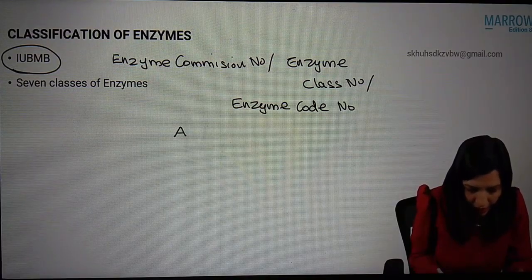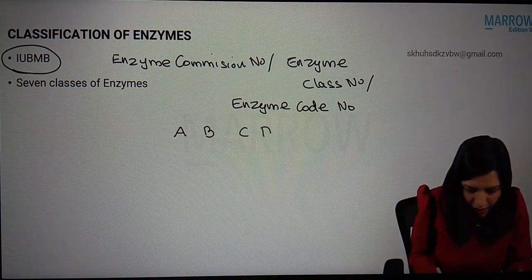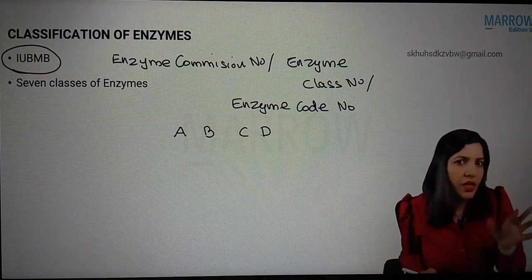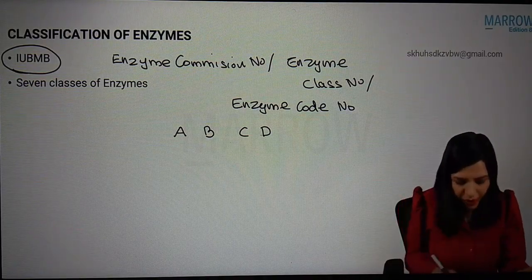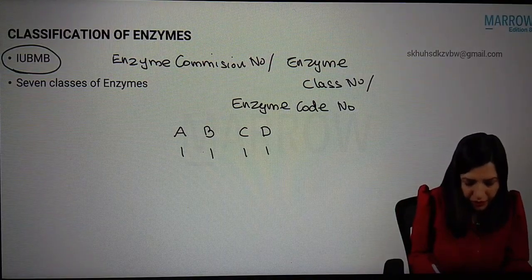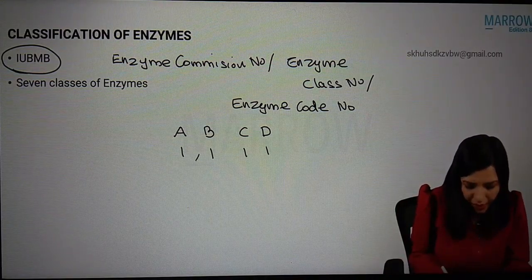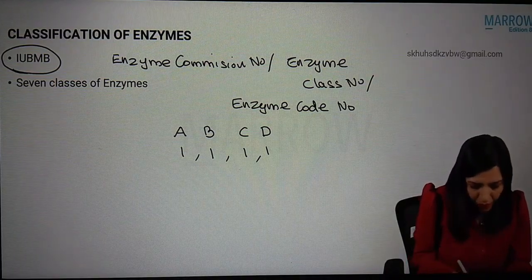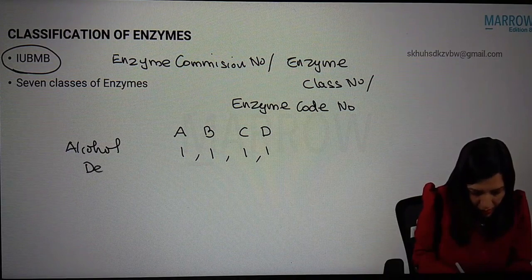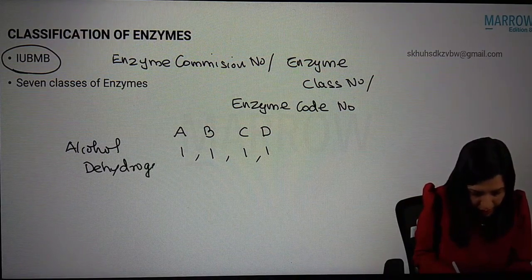So let this be A, B, C, D. Even though I have written alphabets here, it is not alphabets that we are giving. We are giving a unique number. For example, 1, 1, 1, 1. I'll take this number 1, 1, 1 here. This stands for an enzyme called alcohol dehydrogenase.